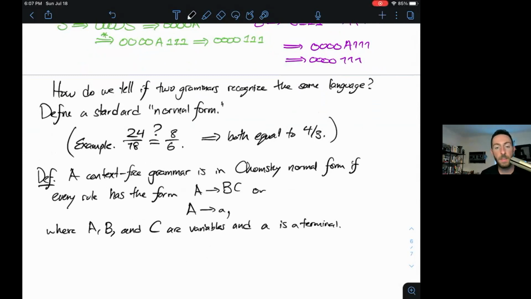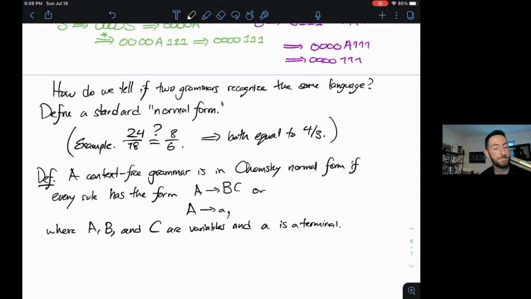So that is, every rule should be one variable going to two variables, or it should be one variable going to a terminal.